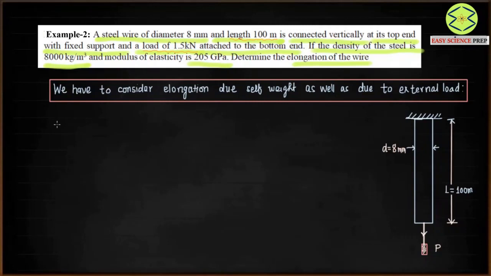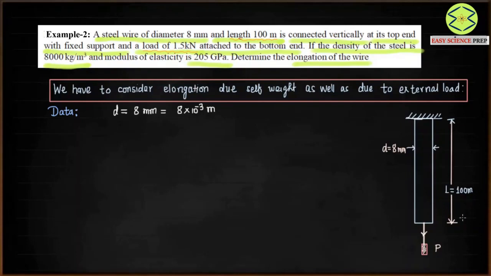So let me write down the data available with us. The diameter D is 8 mm, which we can convert into SI units, so it is 8 into 10 raised to minus 3 meters.